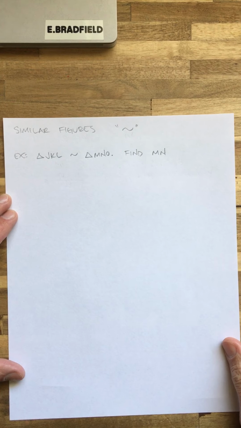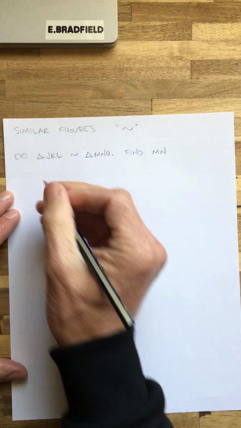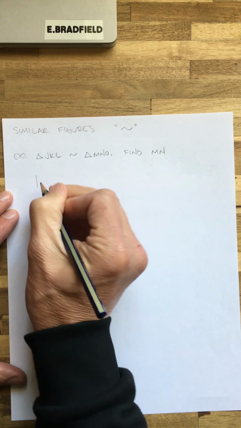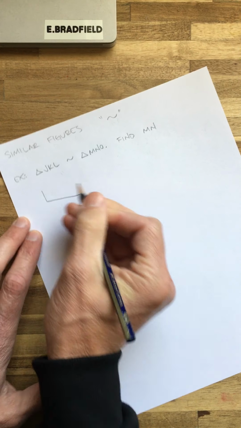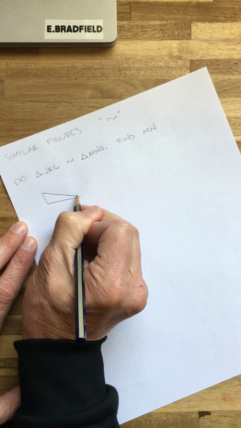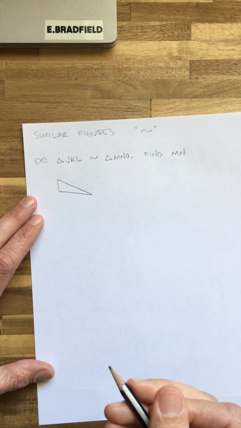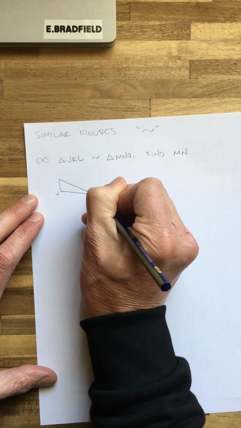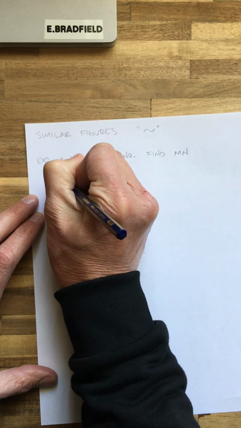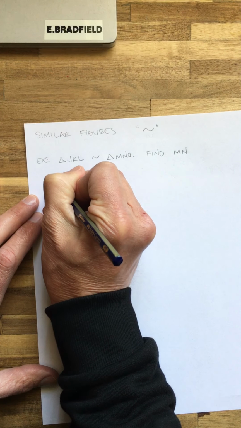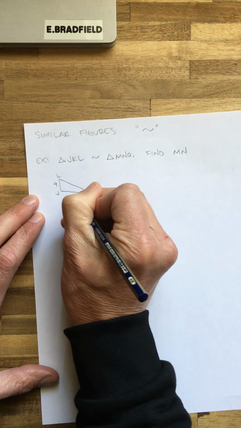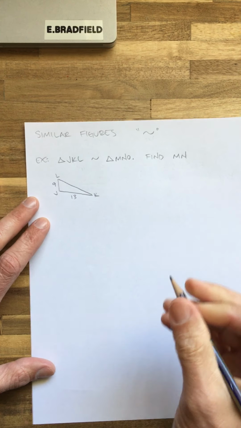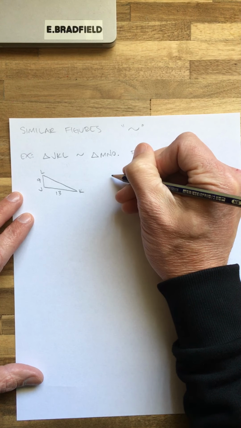Let me just draw a triangle really quick. Now what I'm going to do is draw triangles so that you can tell immediately what side matches up with what side. But then we're going to move into what you do when you can't tell.